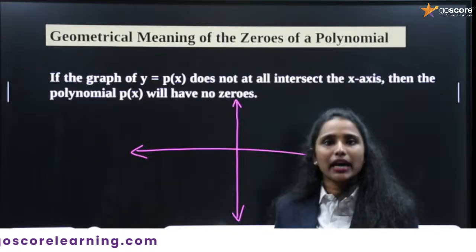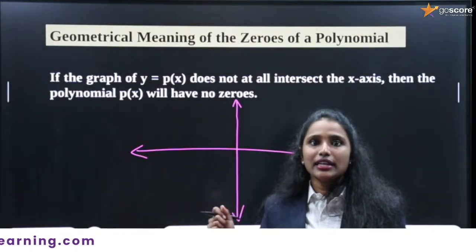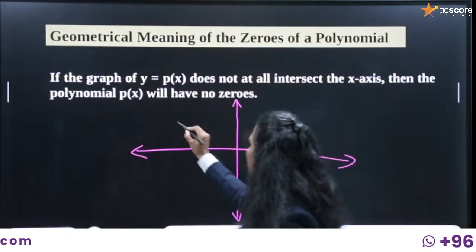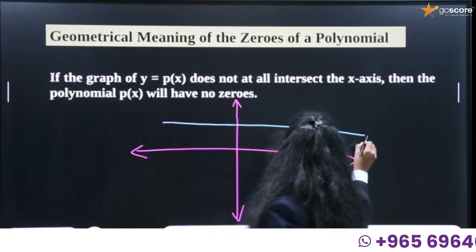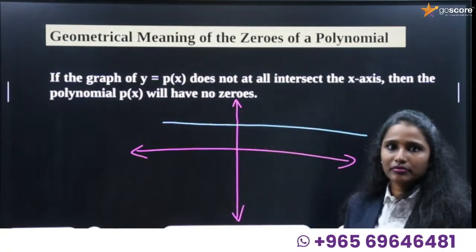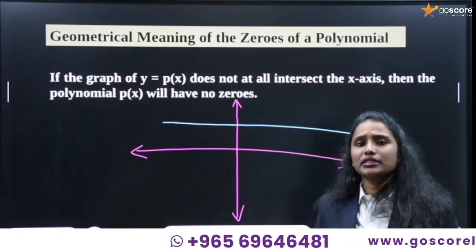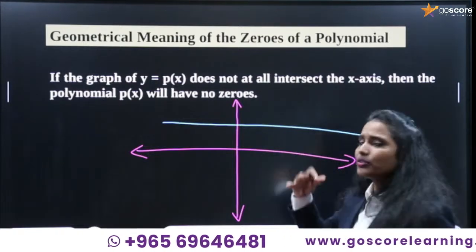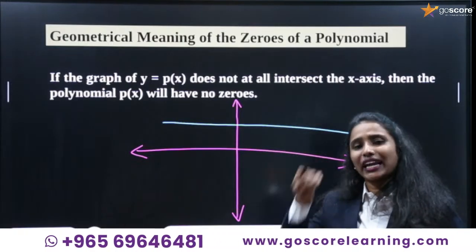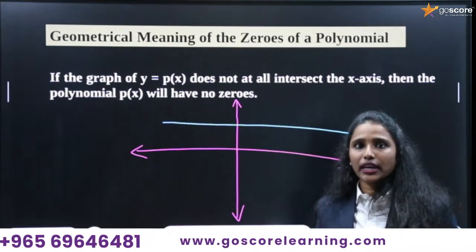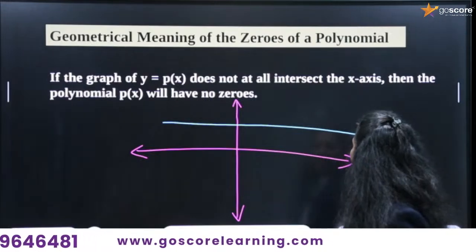If it is not parallel, it will intersect it somewhere, right? So it should be a line parallel to the x-axis. This may be the graph. It is not intersecting the x-axis. If it is not intersecting, that means the value will not become 0 for any value of x. So this has no zero.